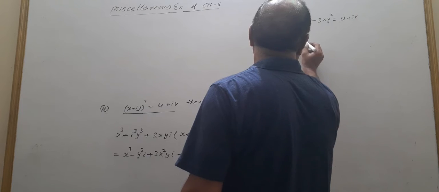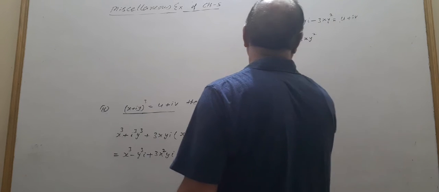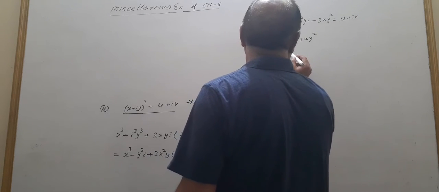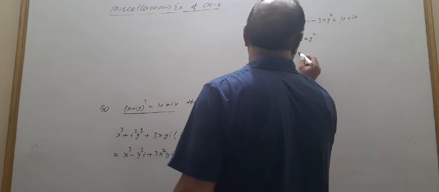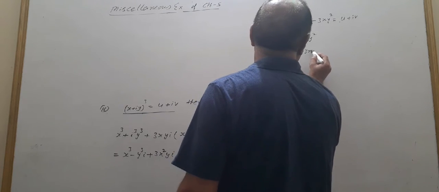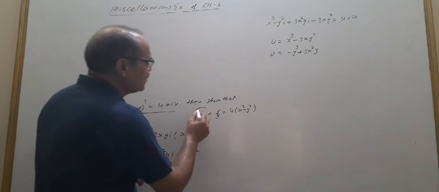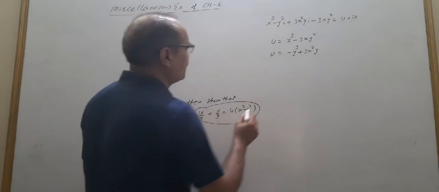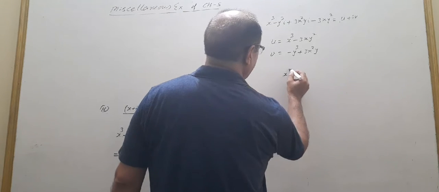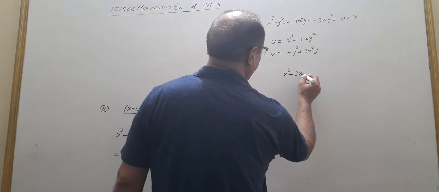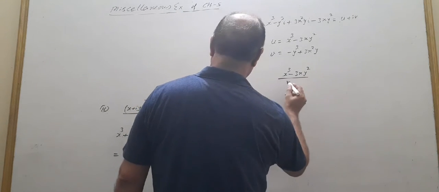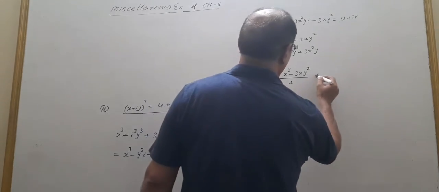Writing the real part, this becomes the real part. Which is the imaginary iota part? Minus y cube and plus 3x square y. After comparing real and imaginary, you have to prove the result. Substitute the values of u here. What is u? That is x cube minus 3xy square, upon x, and plus v.